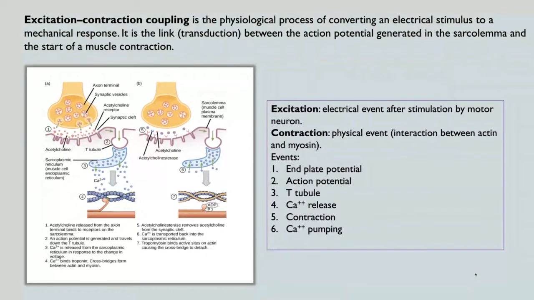We are going to see what the excitation-contraction coupling is. It's a process that occurs in the muscles. That simply means the conversion of the electrical stimulus that comes from the neurons into a mechanical response that will produce movement, or any of the functions of the muscles.